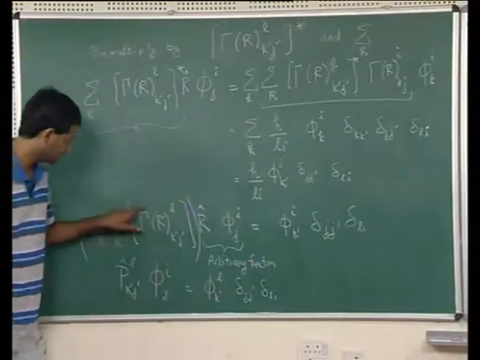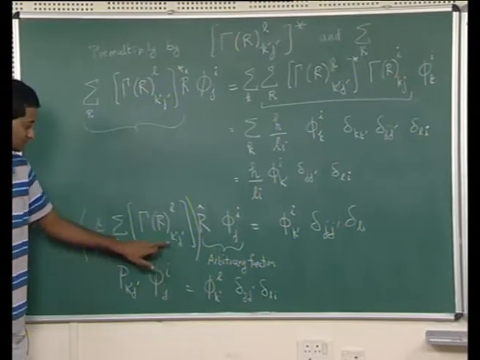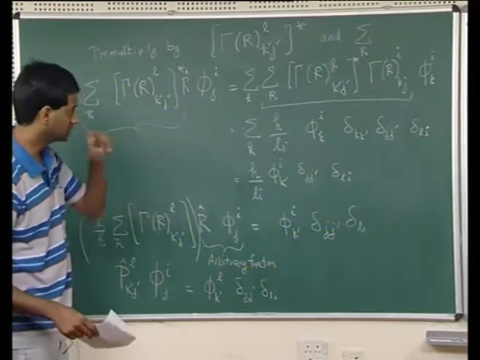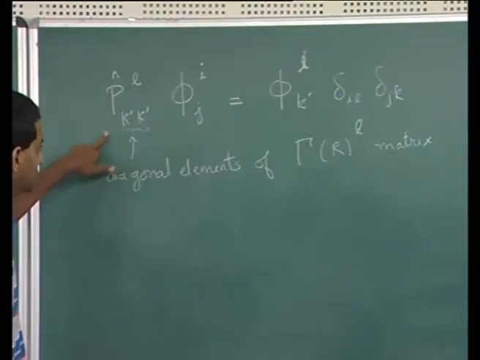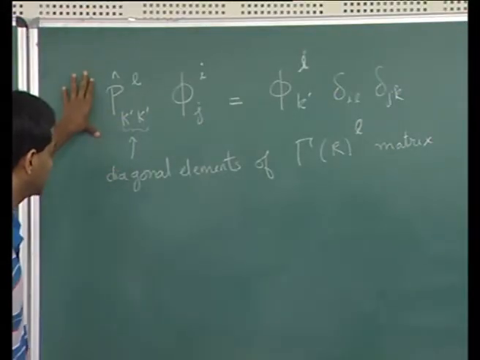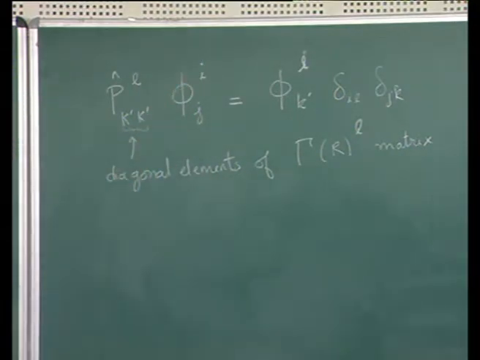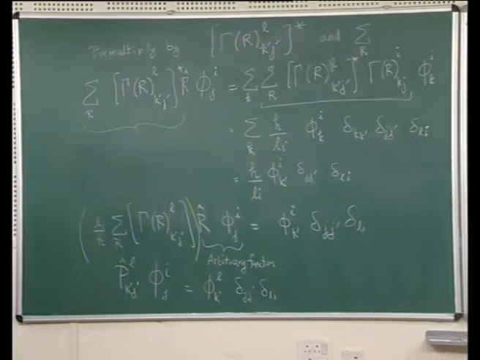So in this matrix representation, the gamma matrix, only the diagonal elements will be involved. This expression turns out to be extremely useful. If you just know the diagonal elements of the matrix, you can find the projection operators.